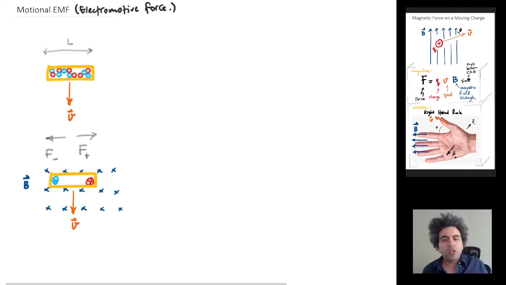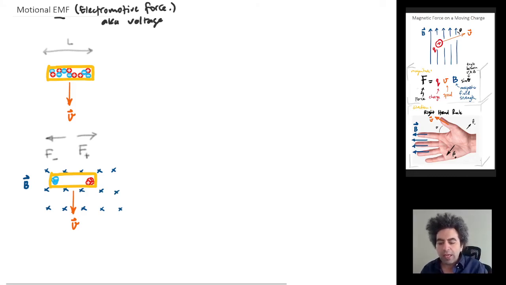Now the next question you might ask is how much electric potential energy is generated in this case? We'll talk about that next, but the way we quantify it in this case is in terms of the EMF, the electromotive force, aka the voltage. If you think about the separation of the charges here, yes, it happened by mechanical means, but it's similar to a battery, in which the separation of the charges happens by chemical means.